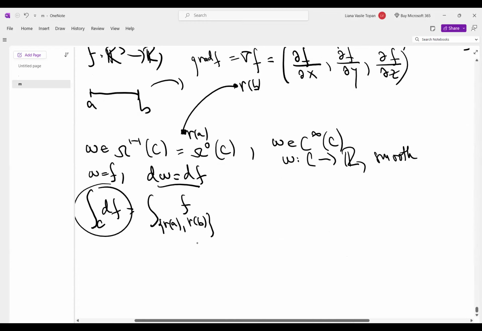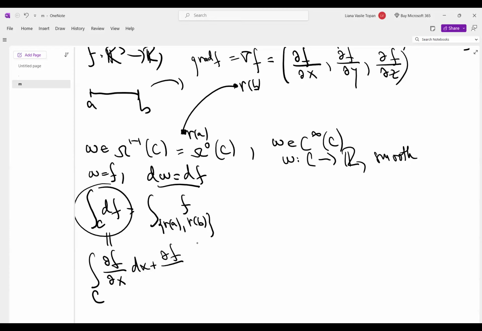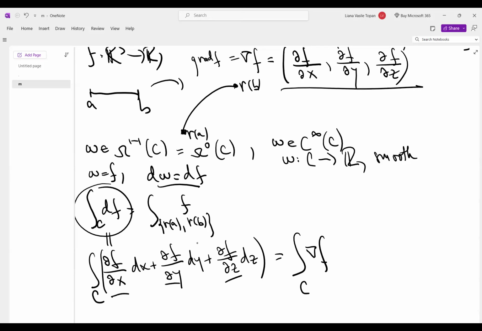Okay, but what is this integral? Let's go and calculate. So this will be integral over C. What is df? That's partial f over partial x dx, plus partial f over partial y dy, plus partial f over partial z dz. Okay? So this is the integral, and we can write this as the dot product between the gradient, partial f over partial x, y, z, and dr, which has components dx, dy, dz.